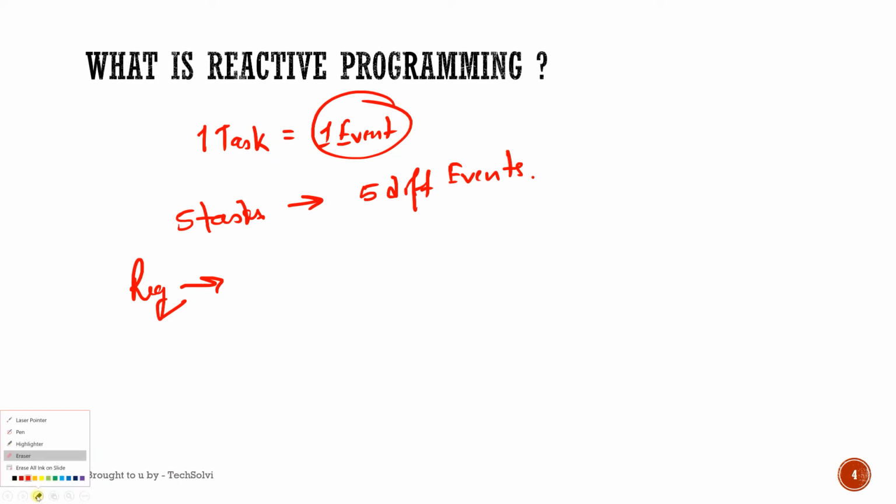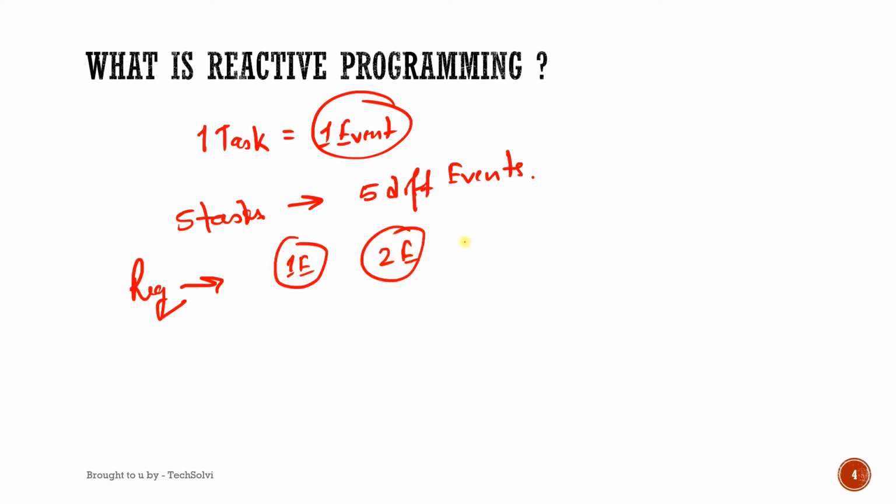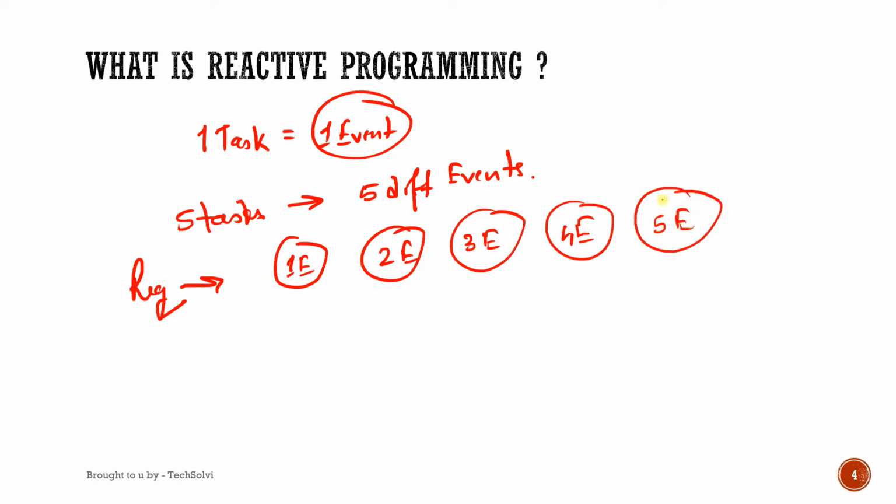As the request came, we have lined up 5 different events: event 1, then event 2, then event 3, then event 4, and event 5. These are the 5 different events being lined up. And here we have a concept called the event loop.